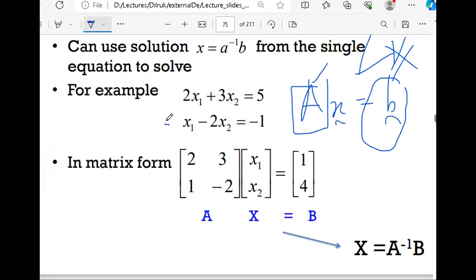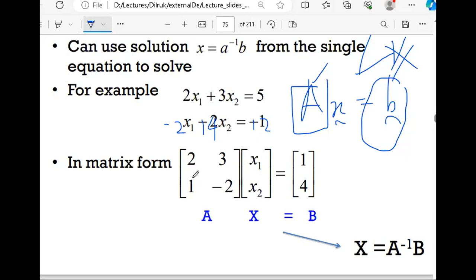This would be 4, and this would be, and you add these together, then you can get rid of these two. And then you have this.